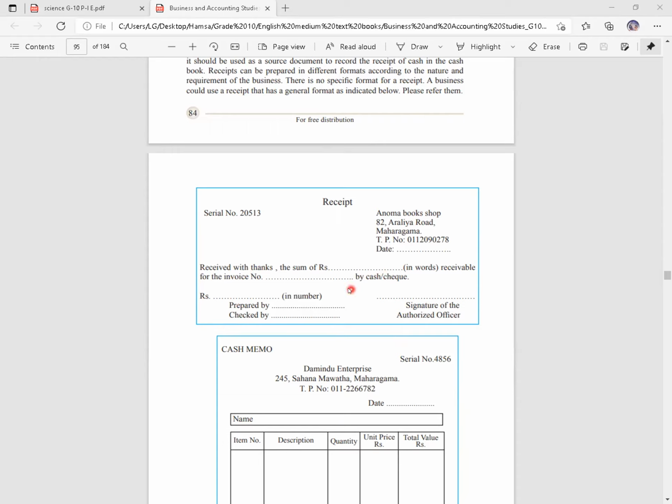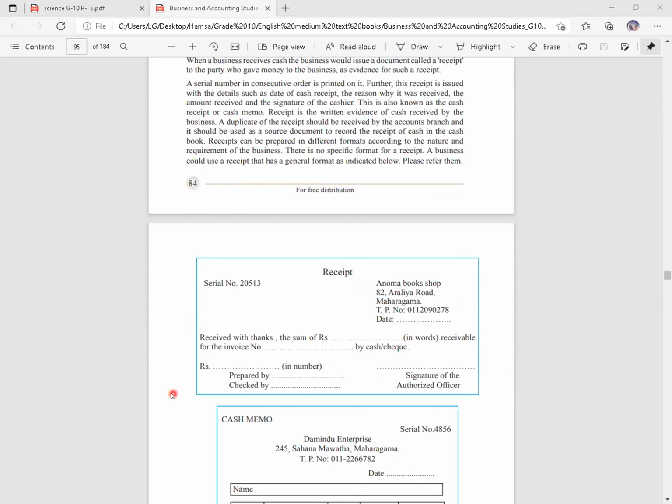To enter the details in your accounts books. So that copy should be sent to the accounts branch, or to the person who is doing the accounting inside the business, and the original will be given to the person who is paying you.